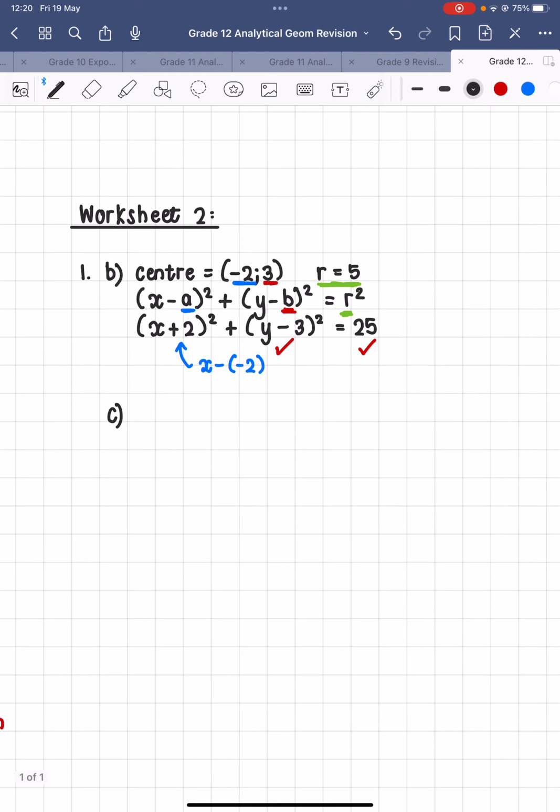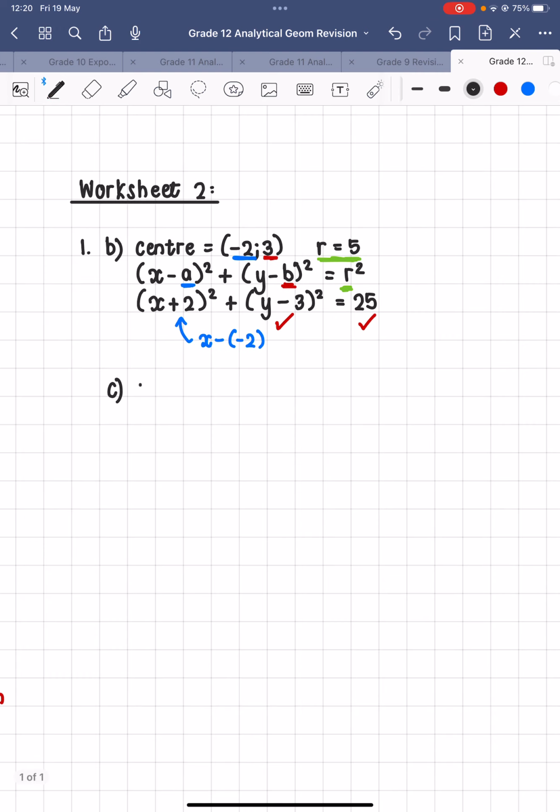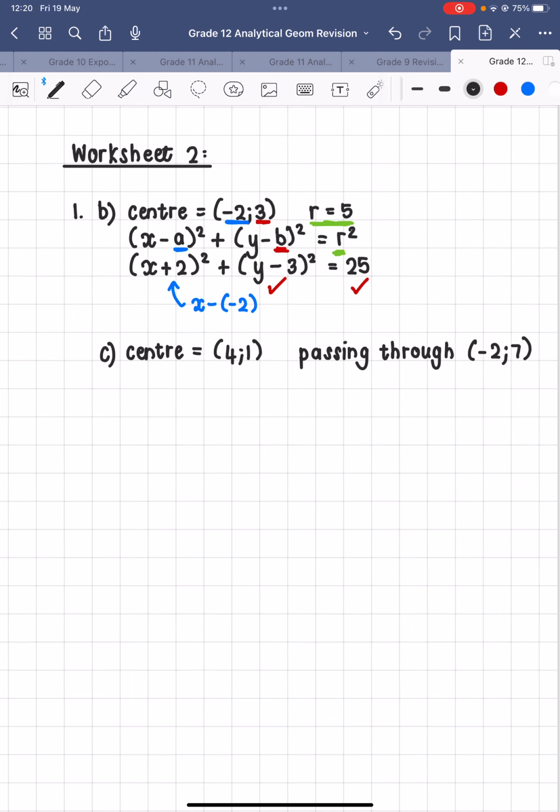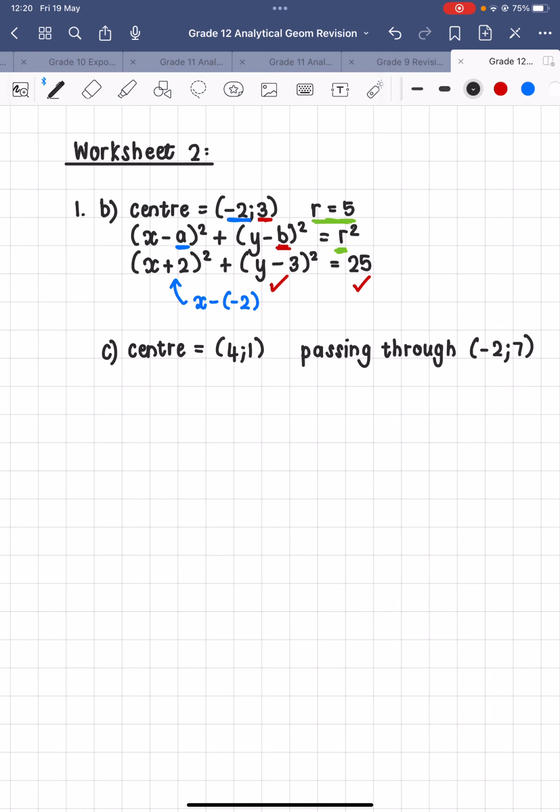In C, it's a little bit more complicated. Again, they have given us the center for 1. But now they have not told us what the radius is. They're telling us that this circle is passing through negative 2, 7. So unfortunately we can't just say r squared like we did in the previous question.